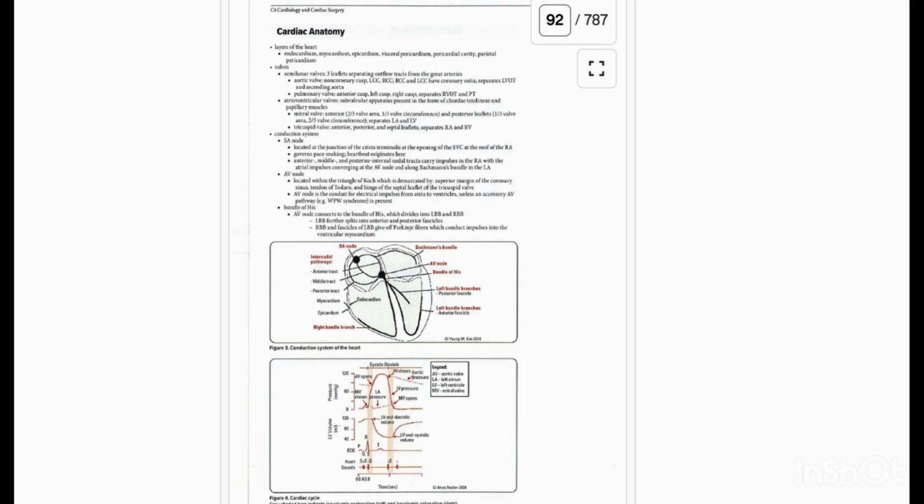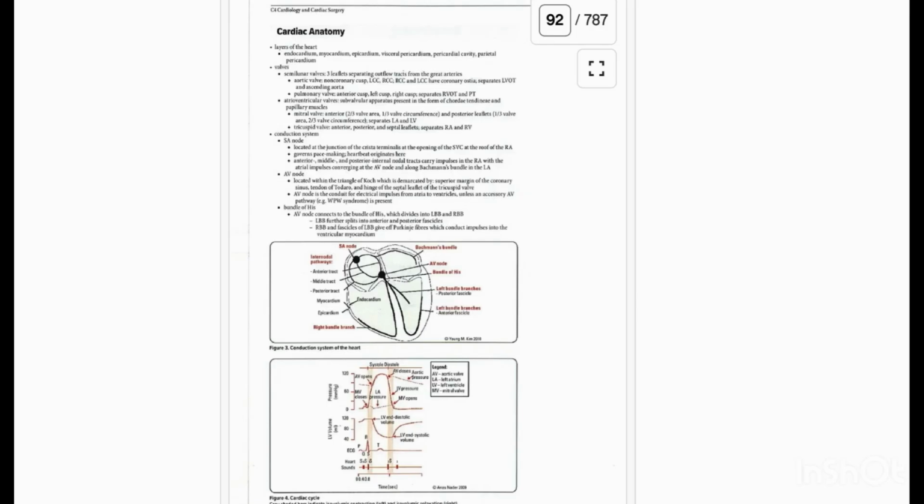Finally, let's tie this anatomy and electrical conduction into mechanical action by looking at the classic Wiggers diagram in Figure 4, which charts pressures, volumes, and electrical events over time. We begin in late diastole, where the mitral valve is open and the left ventricle is filling.